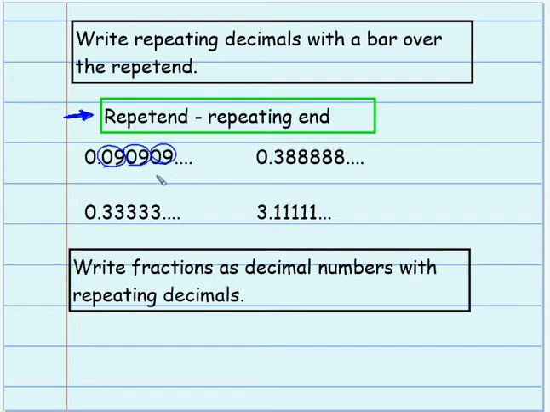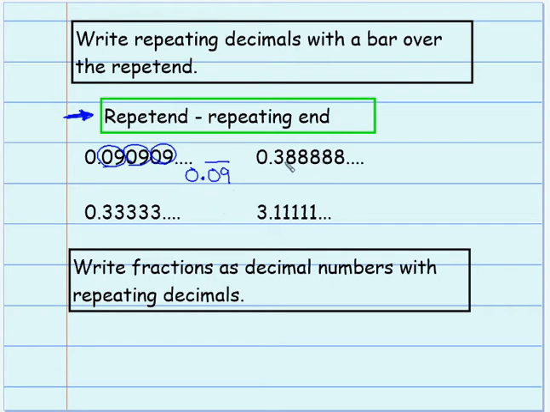So the 09, both of those digits repeat. So if I were to write this, it would be 0 decimal 09, and the repetend bar goes over the 0 and the 9. And you need to make sure that you are very precise with that so that I can tell which digit or digits that you want the repetend bar over.